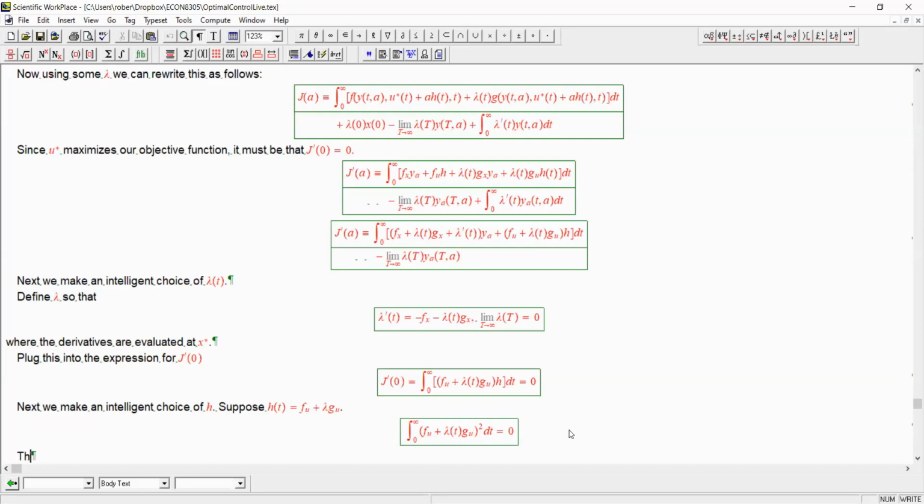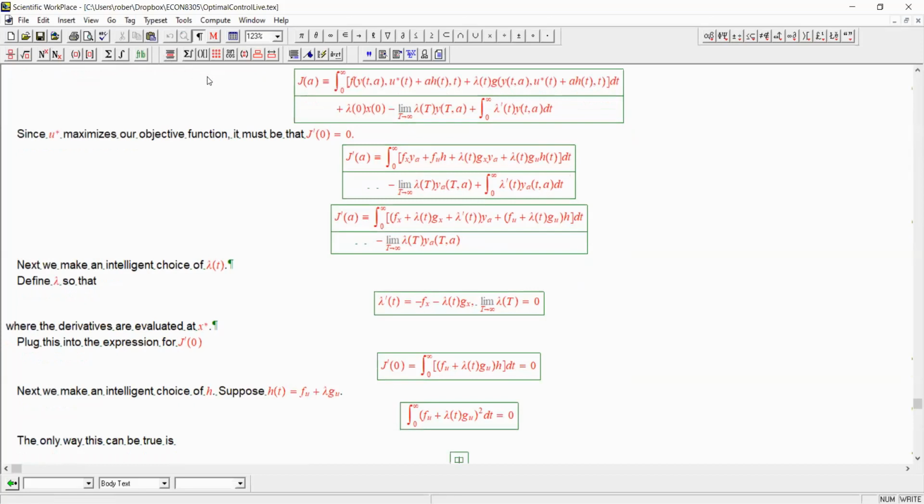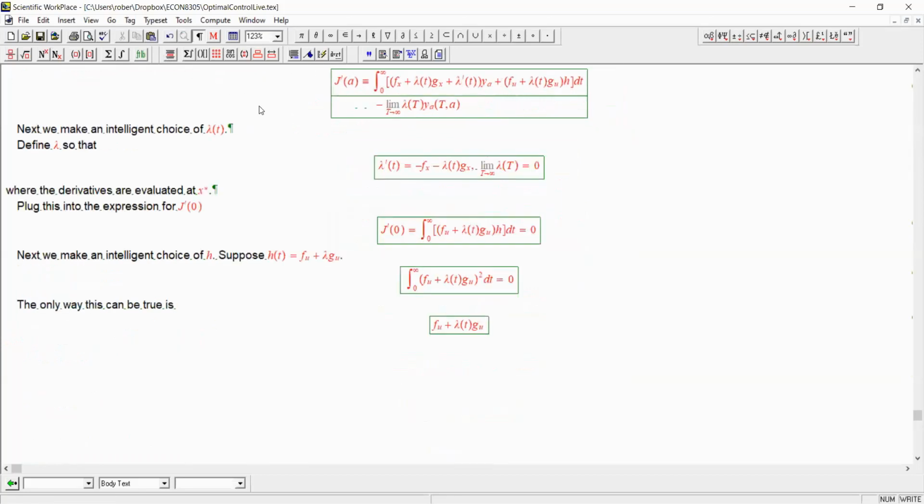Now notice that the only way this can be true is if this that is inside is equal to 0 for all t, because the slightest deviation of this from 0 will be squared and will thus result in a positive value here.